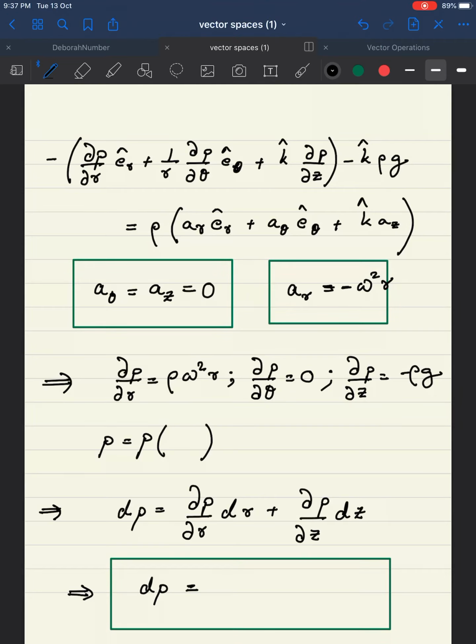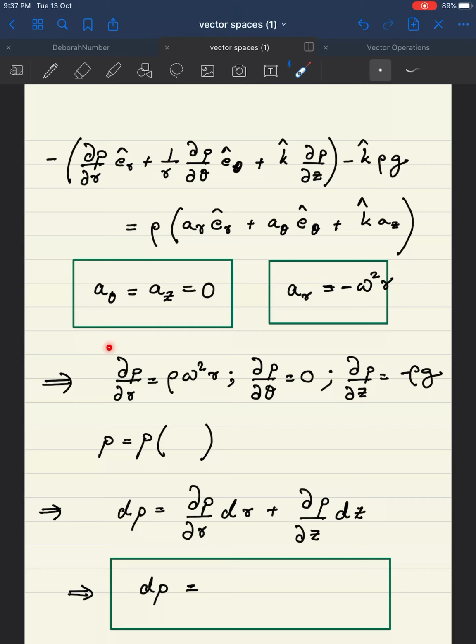Great. So now you can use this vector equation to write down the individual component form equations. Here you have del p del r equal to rho omega square r, del p del theta equal to 0, del p del z equal to minus rho g.